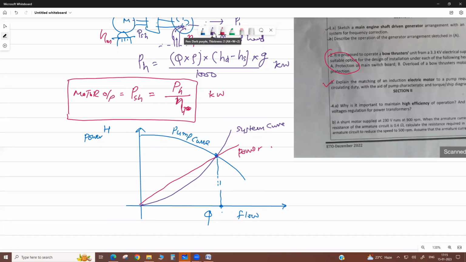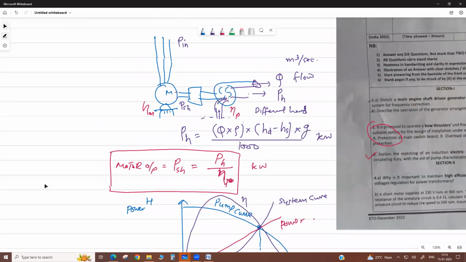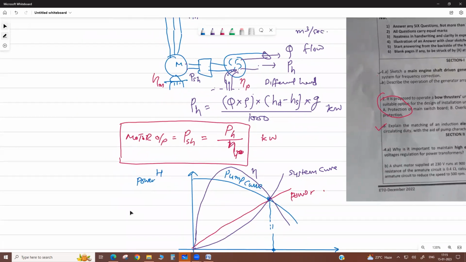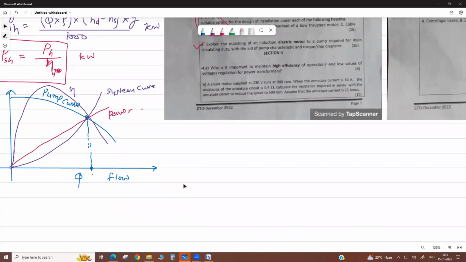Pump efficiency, it is like this. This is the efficiency of the system. Got it? Pump and motor. They ask the motor selection for a pump.